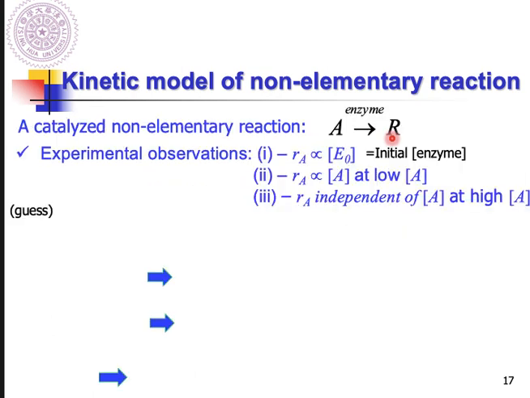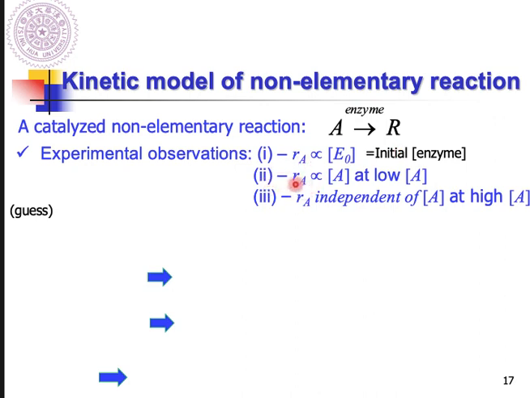So I'm going to give you another example, which is a catalysis reaction. A catalyzed non-elementary reaction means you put the enzyme into reactant A and it will generate product R. And from the experimental observations, we have 3 observations. The consumption rate of reactant A is proportional to the concentration of initial enzyme you added into the reactor.